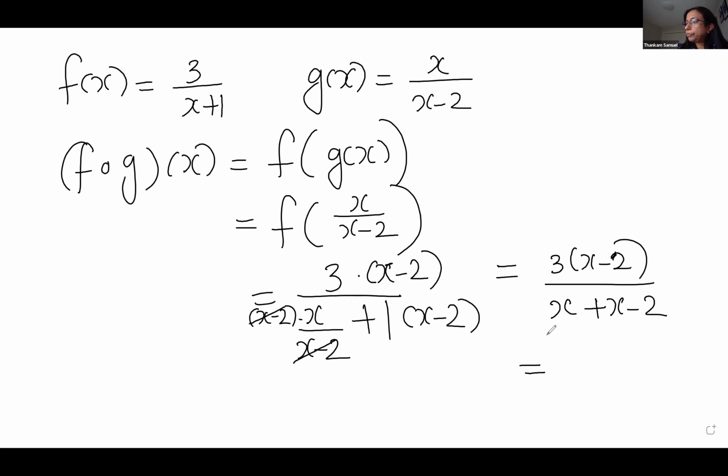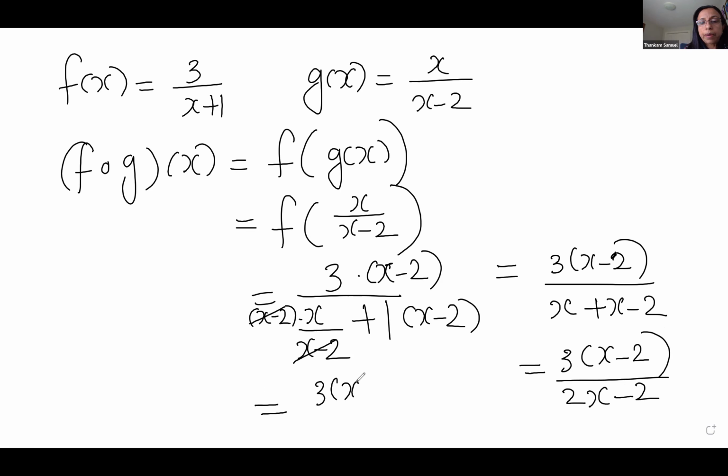So we'll get 3 times x minus 2 over 2x minus 2, or in factored form, we can rewrite this as f of g of x equals 3 times x minus 2 divided by, we can factor out 2 from the denominator, 2 times x minus 1. So that is our f of g of x.